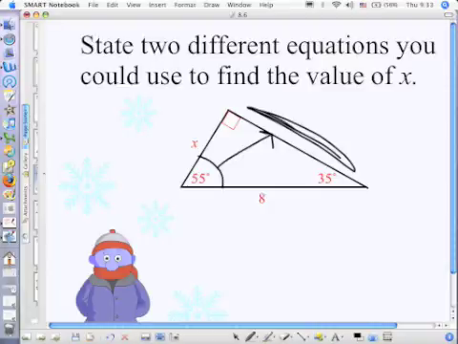It's not right next to it, it's away from it. But that leg is right next to it. And you might say, well, so is this one. But this one is the longest leg, so it is the hypotenuse.